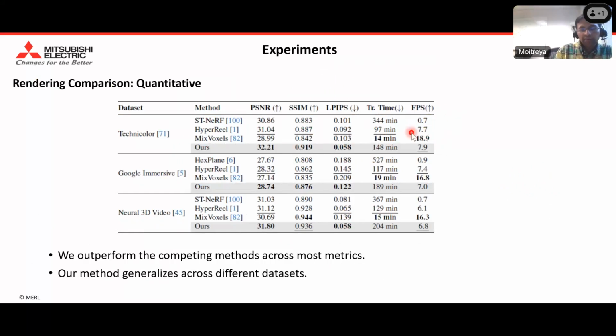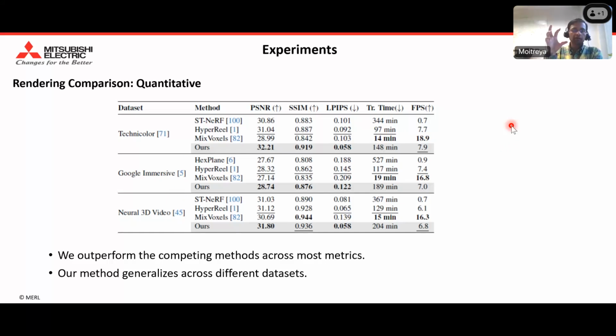So here we are comparing our method against state of the art approaches, across different data sets. And by the way, it's important to note here that NeRFs are typically trained individually for every scene. If your scene changes, it has been found that the cross scene transfer of NeRFs is quite poor.